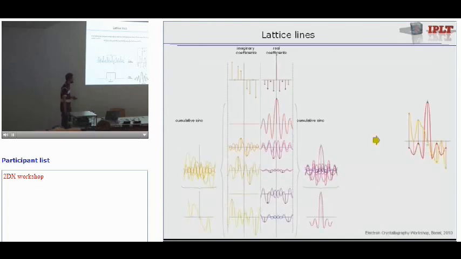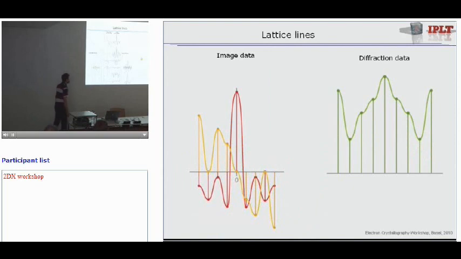So you just get a set of complex values. And then if you have lattice lines, if you do the convolution, you basically get a set of sinc functions for every data point, add them up, and end up with a cumulative function which describes a lattice line, which also has some real and imaginary components.